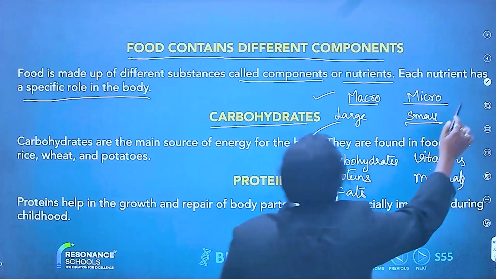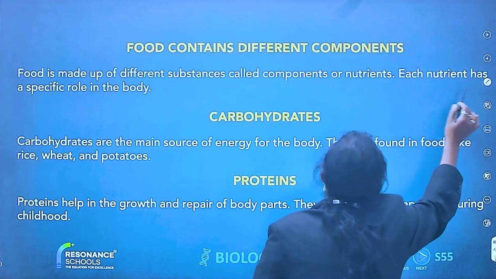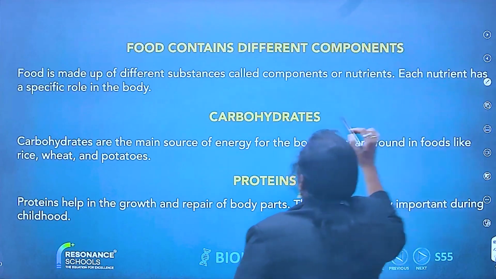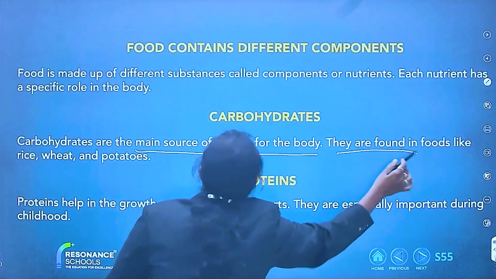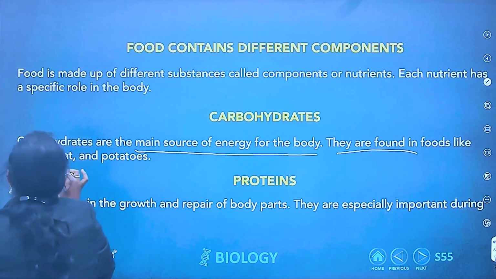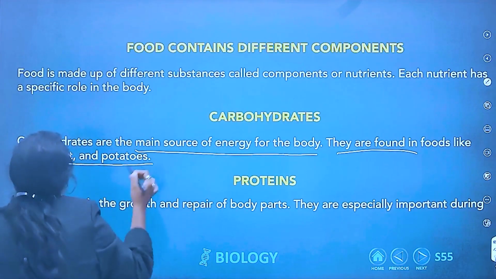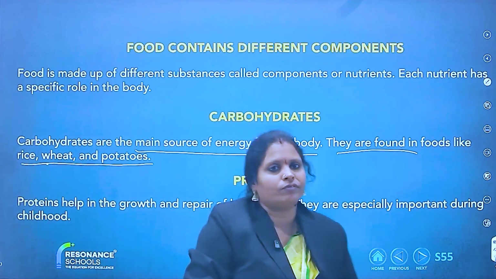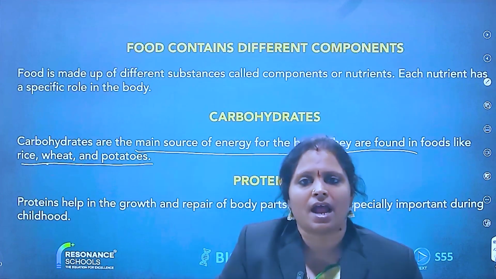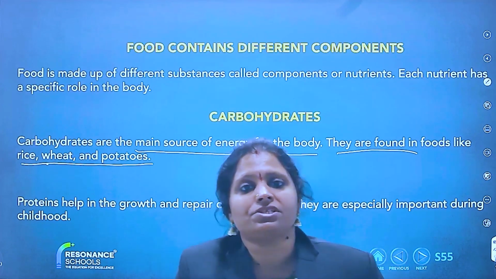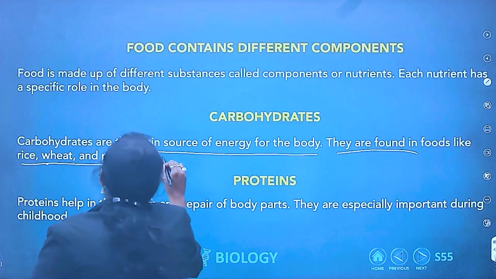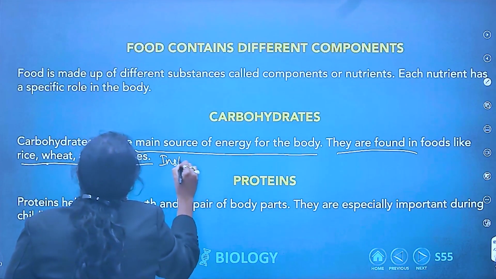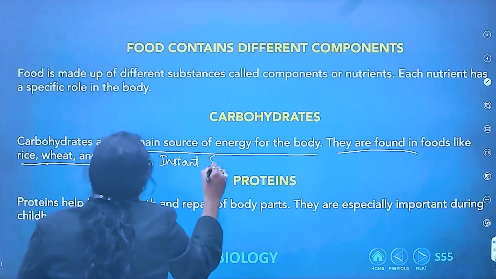Carbohydrates are the main source of energy for our body. They are found in foods like rice, wheat and potatoes. You can write: carbohydrates are the instant source of energy.